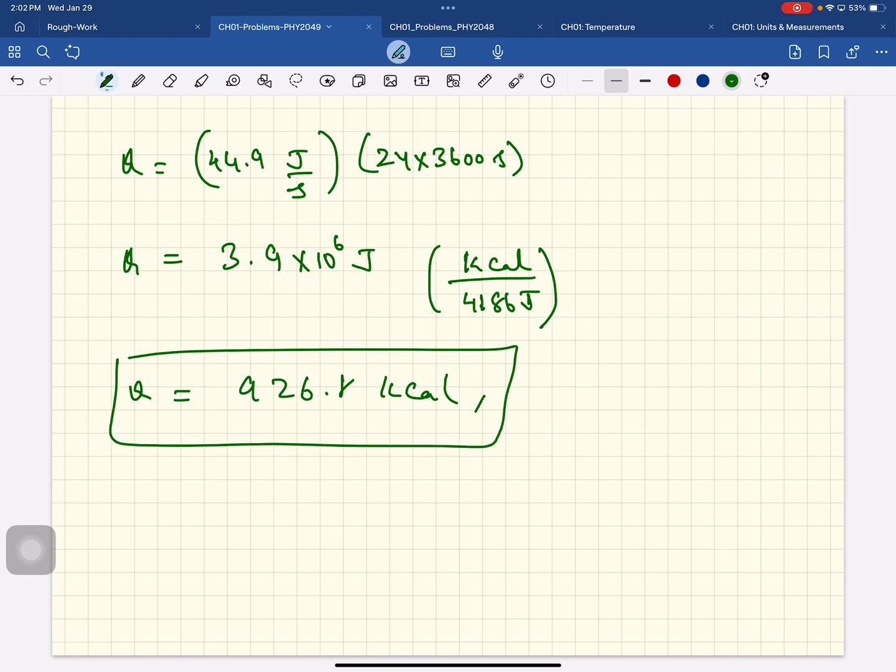So you're losing 1,000 kilocalories per day. A kilocalorie is a food calorie. So that's half your day's food requirement.